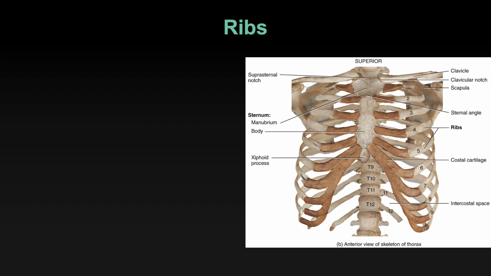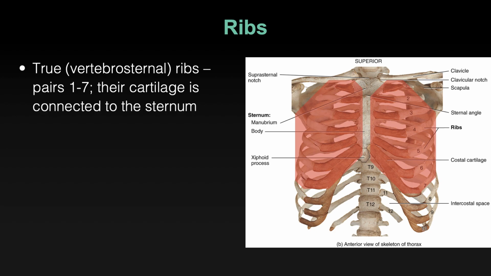Now, I'll just briefly go through how the ribs are set up. We're not going to look in depth at the ribs, only to say there are 12 pairs and 3 categories of ribs. The first 7 are true ribs. What does it mean for a rib to be true? All ribs attach to thoracic vertebrae, so that's not what distinguishes a true rib from a non-true rib.